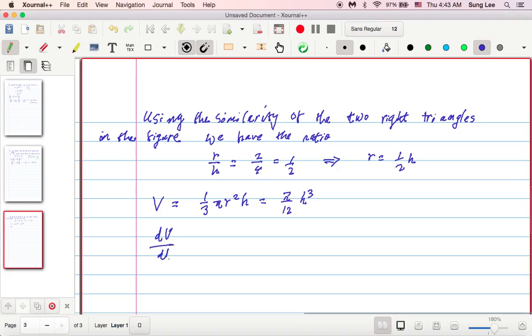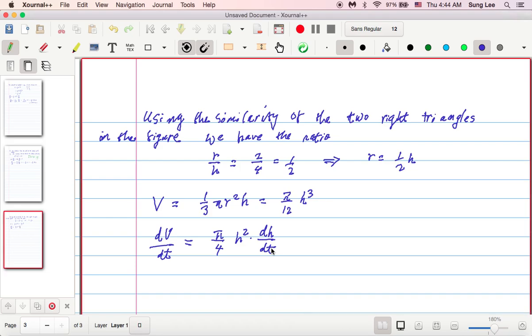Now we differentiate this. dV dt with respect to time t. So we have pi over 4 h squared, and then multiply that by, we have to use the chain rule, dh dt.